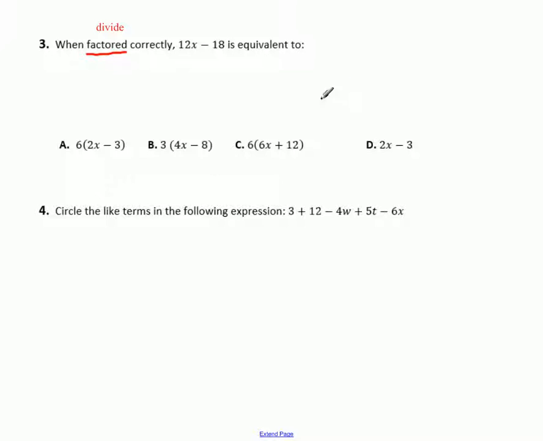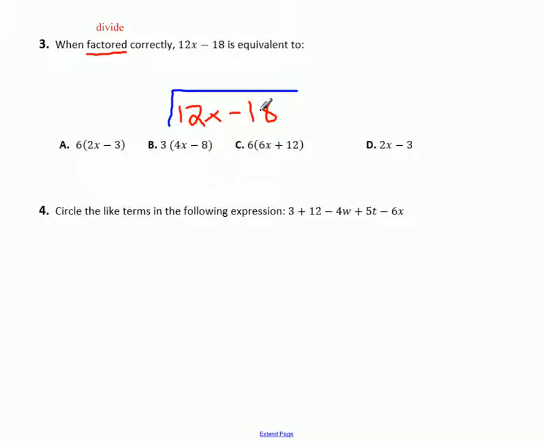I am going to factor it. I left room down here because when we factor, we would write the expression here, and then draw a nice fraction division bar over it, and then we have to decide what number can divide into 12 and 18.